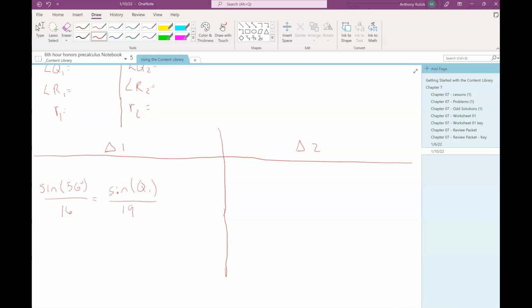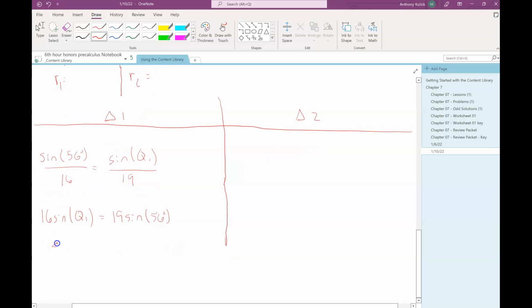Everybody feel good here? Okay, we'll solve this just like we did last time. So I'll cross multiply. And then we'll divide by 16.